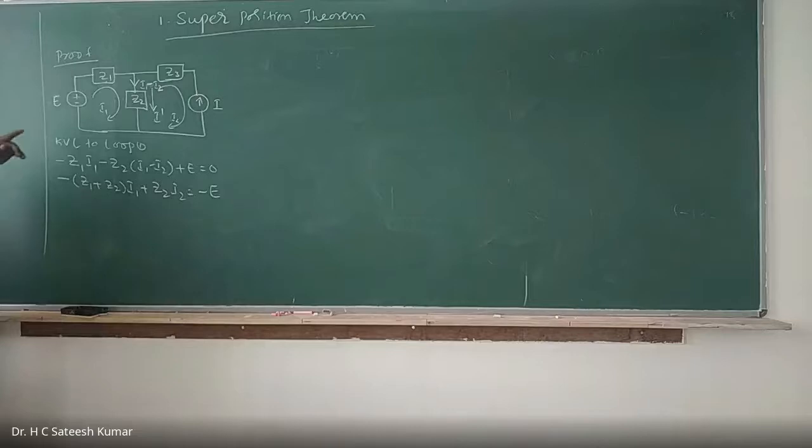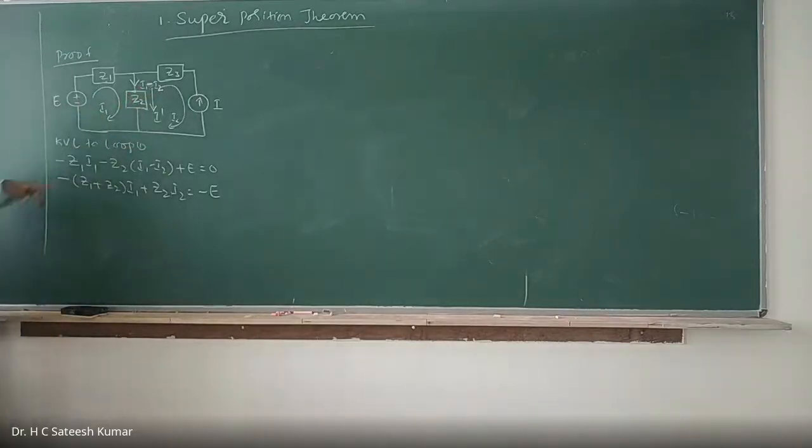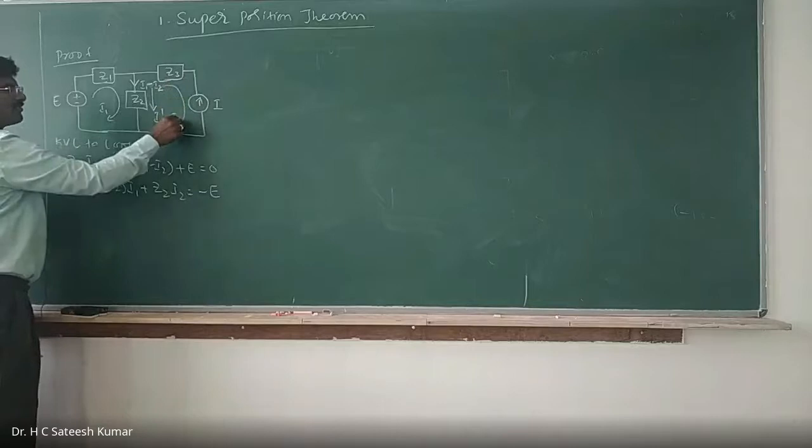Next, what is that we have to calculate? To get the I dash, we will have to calculate I1 and I2. Now go for the second one. According to this, current source is in the perimeter of the network.